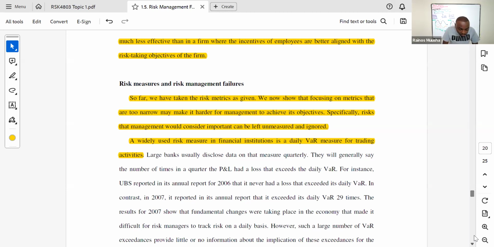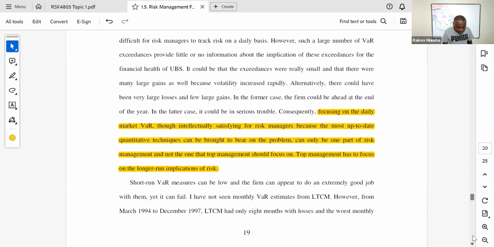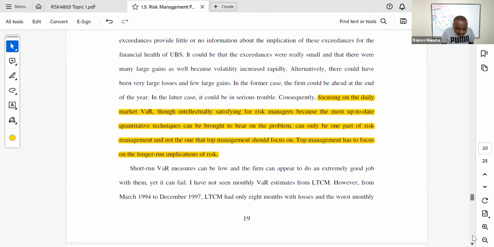A widely used risk measure of financial institutions is the daily value at risk measure for trading activities. So focusing on the daily market value at risk, though intellectually satisfying for risk managers because the most up-to-date quantitative techniques can be brought to bear on the problem, can only be part of the risk management and not the one that top management should focus on.